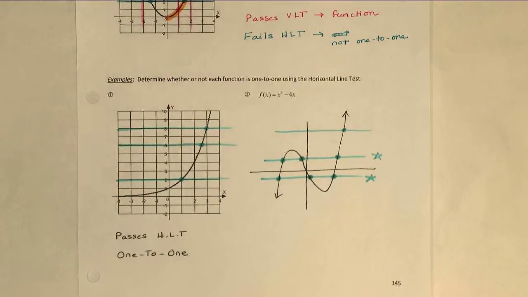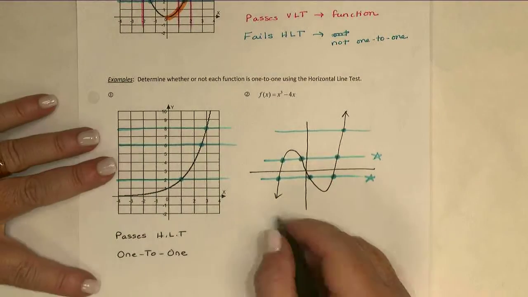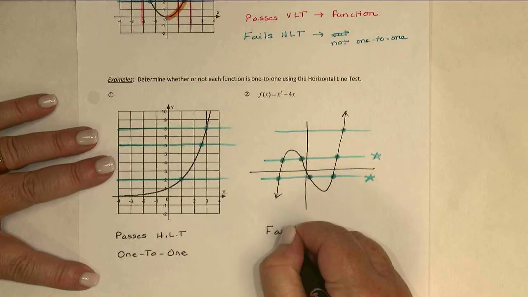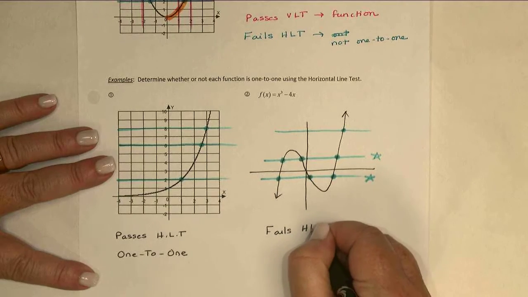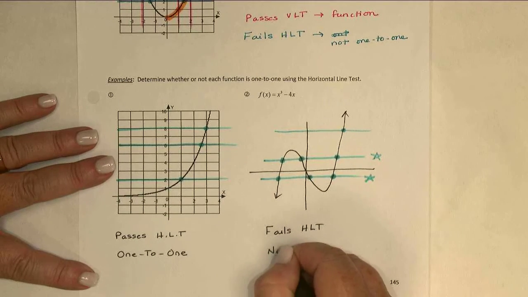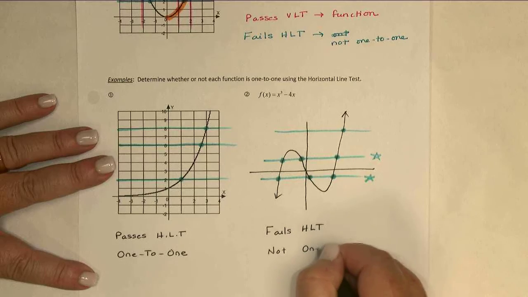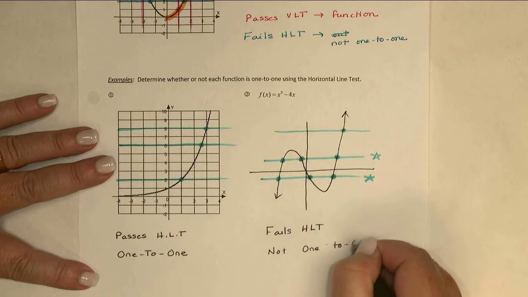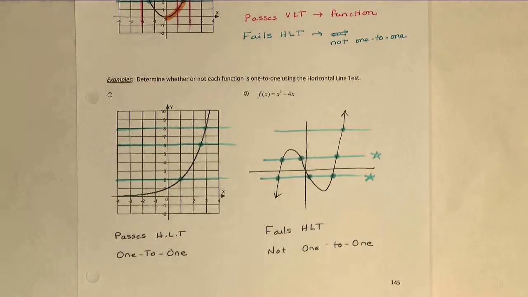And so that graph does not pass the horizontal line test. It's not a one-to-one function. Just to note, it does pass the vertical line test. It's still a function. It's just not one-to-one.